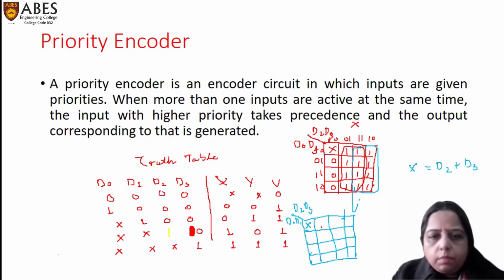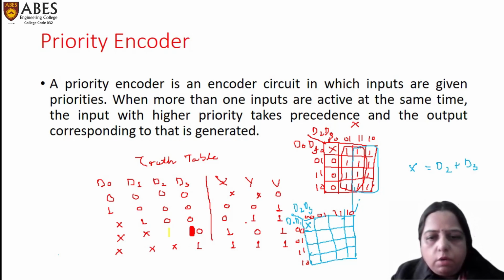It means we have 0 at 100. Here we have 00, 01, 11, 10, and here also 00, 01, 11, 10.